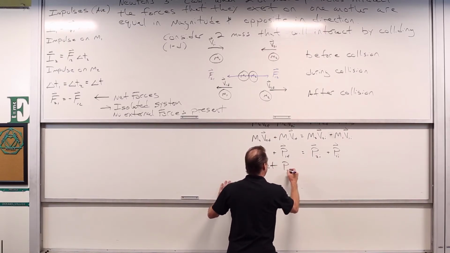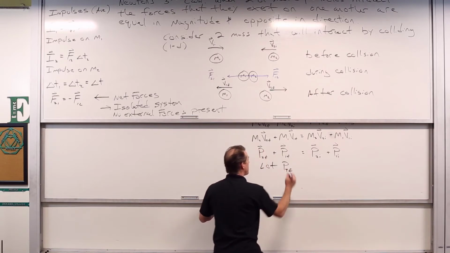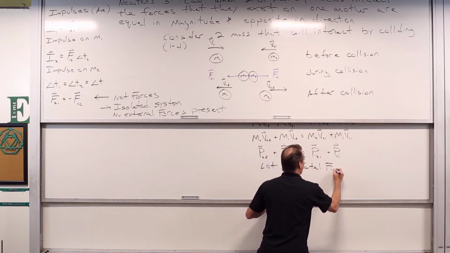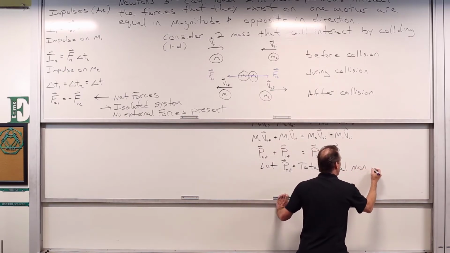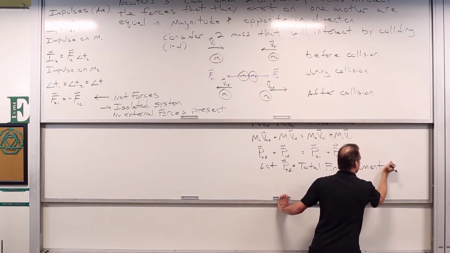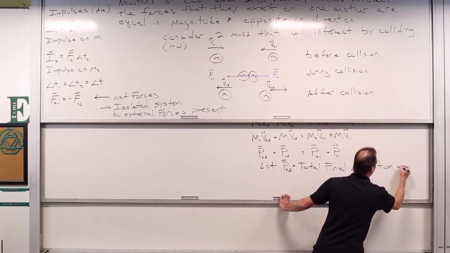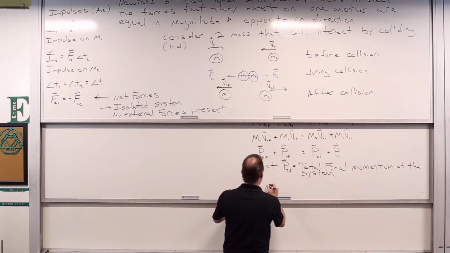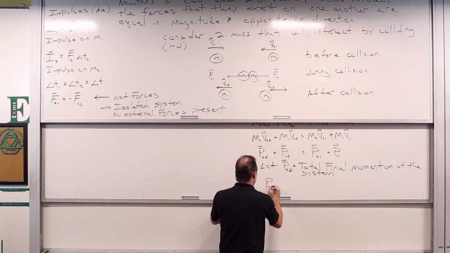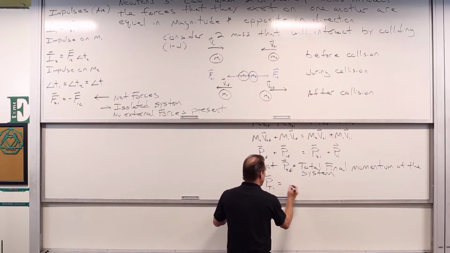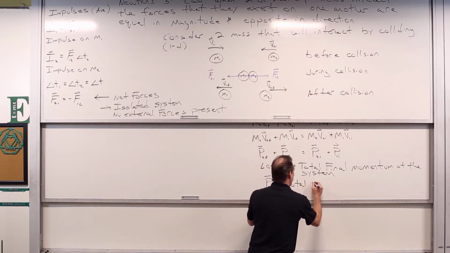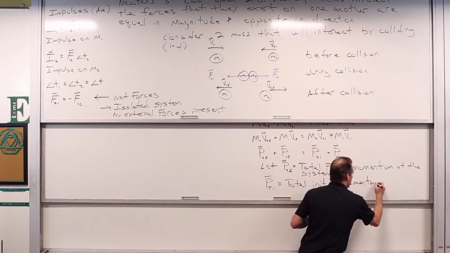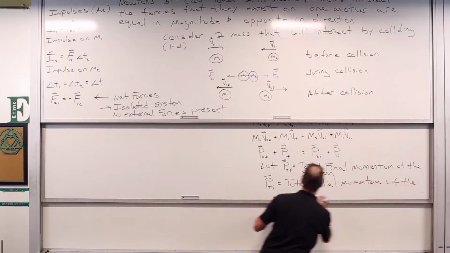Let P total final hat be equal to the total final momentum of the system, and P total initial be the total initial momentum of the system.